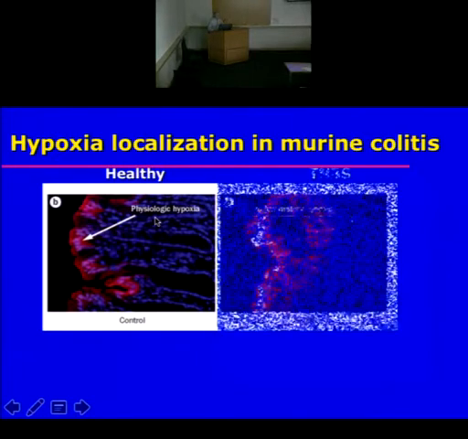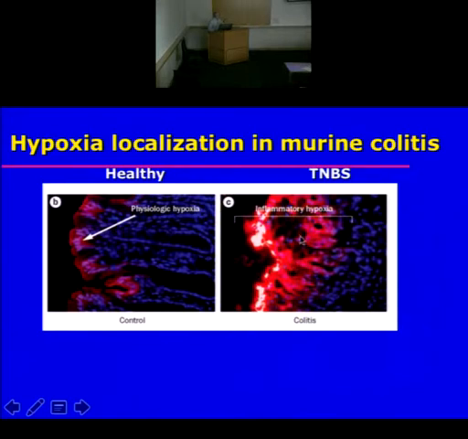If you then look at this in an animal model of colitis, using nitrobenzyl sulfonic acid, you see first that the tissue architecture breaks down, but also that the staining becomes much more intense and much deeper into the tissue. So indeed, you're enhancing a normal response, and these tissues are hypoxic, using the terminology of inflammatory hypoxia.